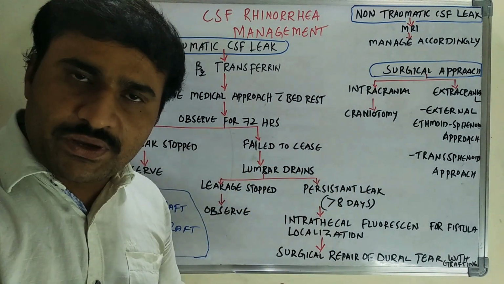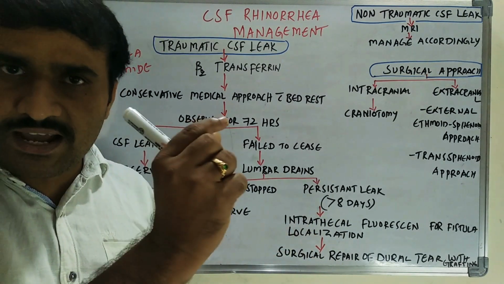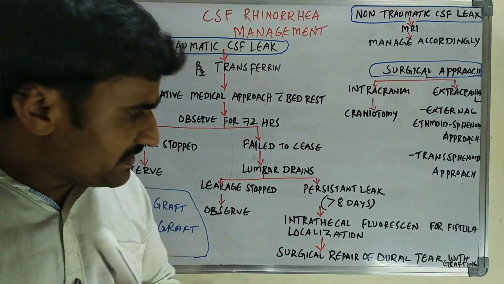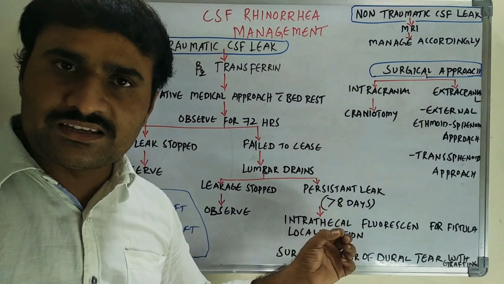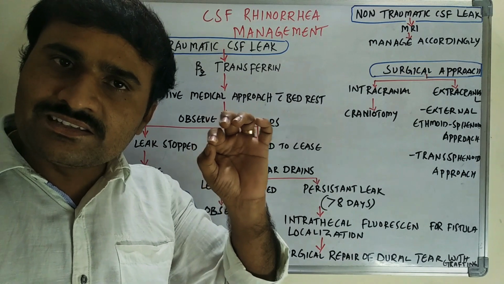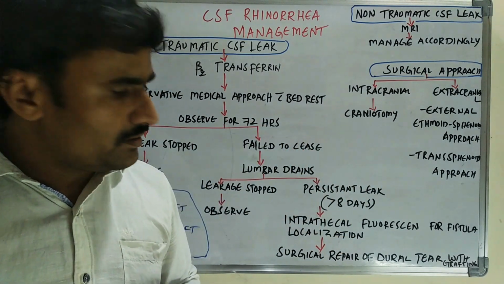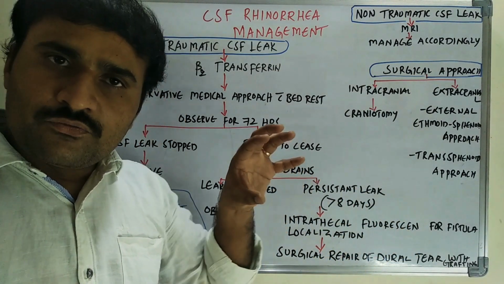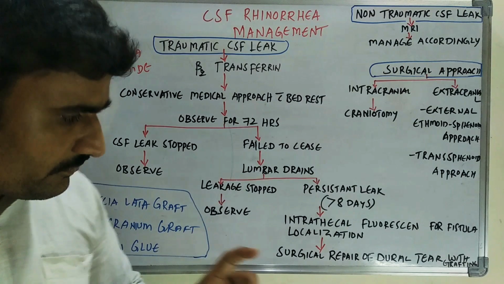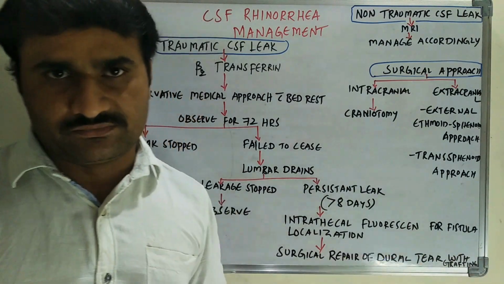So for surgical repair, before that we have to localize the fistula, where the exact opening is. That is done by intrathecal fluorescence. Intrathecal is nothing but injecting in subarachnoid space. So intrathecal fluorescence will localize the fistula area. After that we have to go for surgical repair of dural tear along with the grafting.